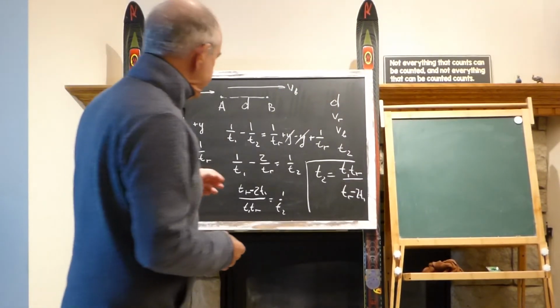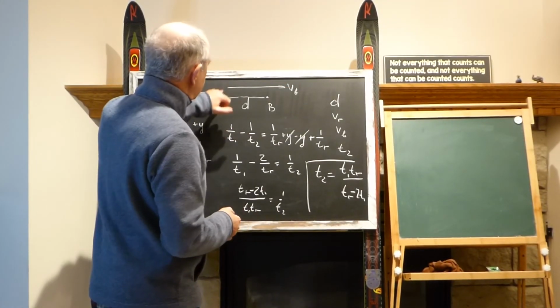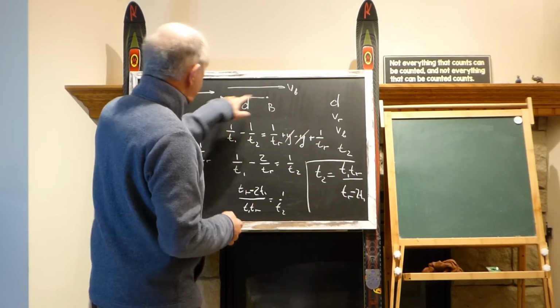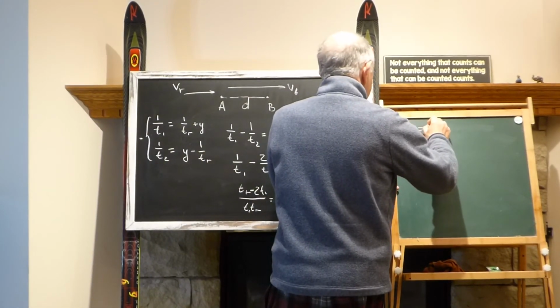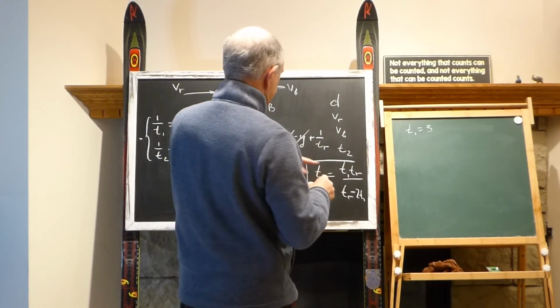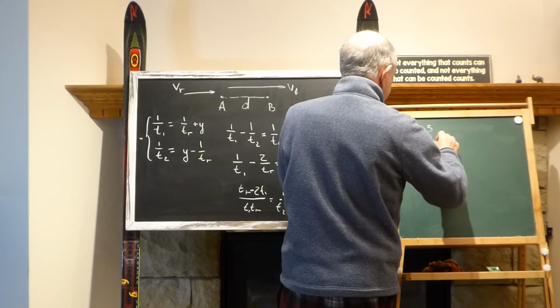And if I am not mistaken, T1 is the time that the boat travels from here to here. T1 is 3. T_R, the time the raft travels down, is 12.